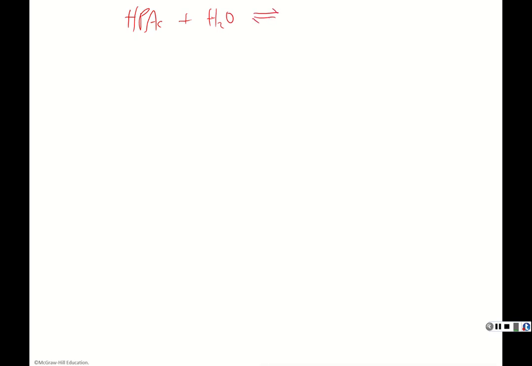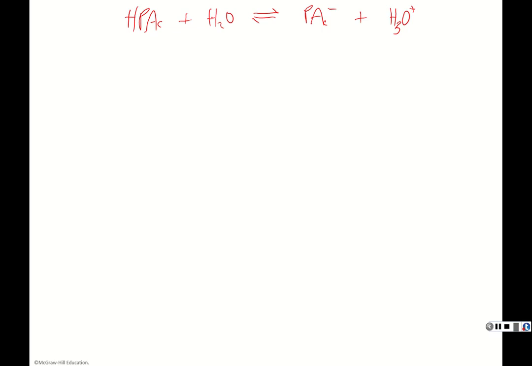We know it's an acid, so it's going to donate a proton, and its conjugate base would be PAC minus. And H2O is going to act like our base and pick up that proton and become H3O plus. So there's our reaction, and it is balanced. This is a 1-to-1 reaction. One proton from the acid mixes with one H2O, so that is balanced.